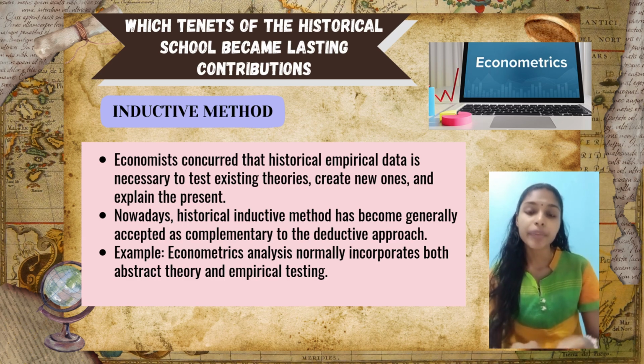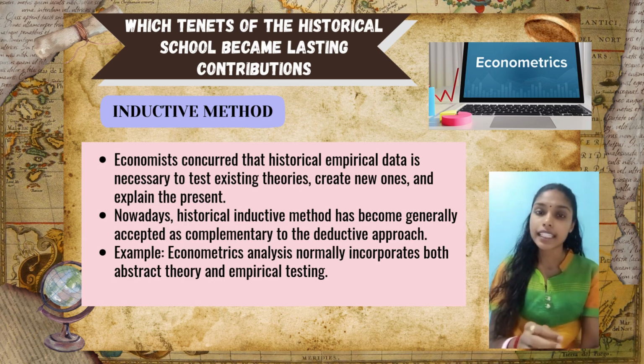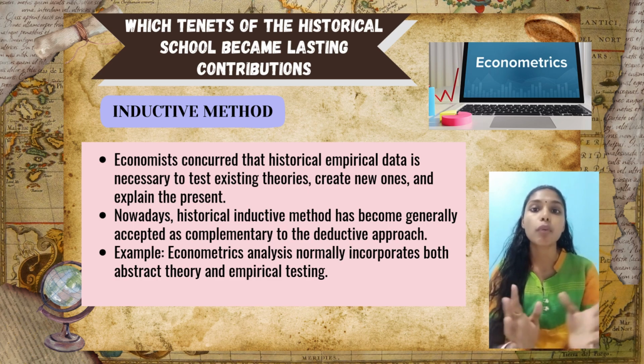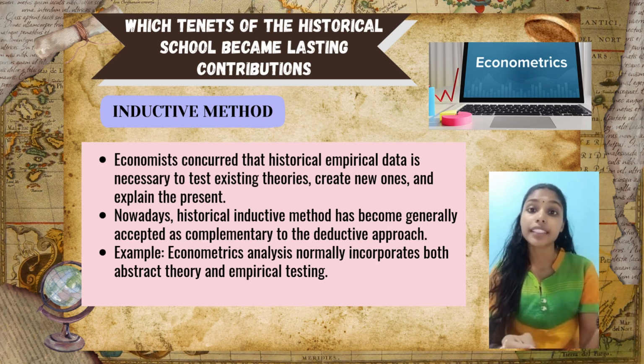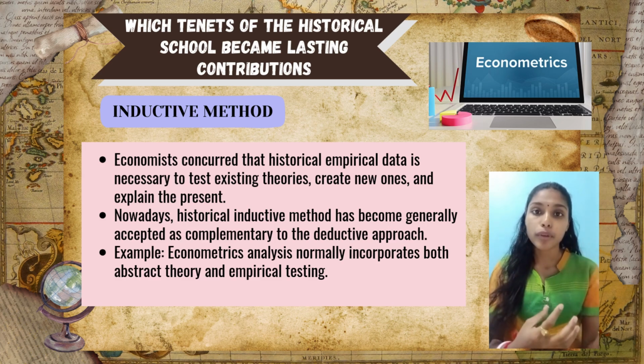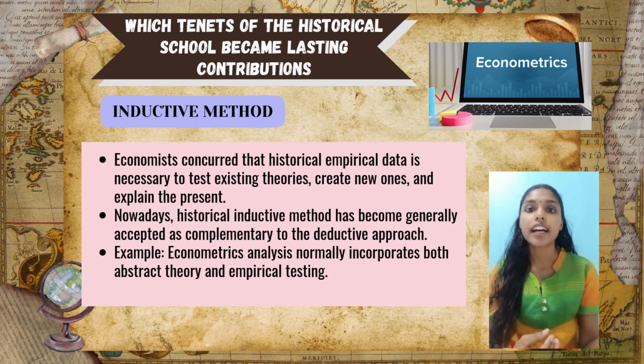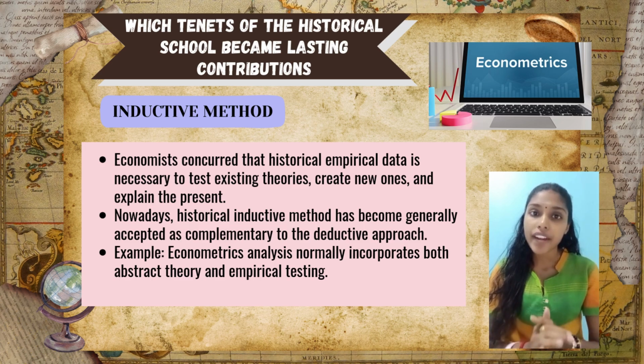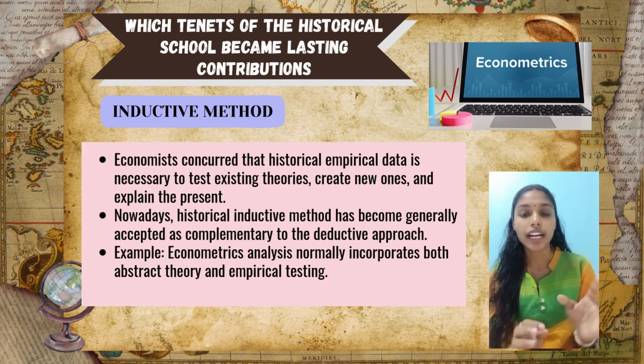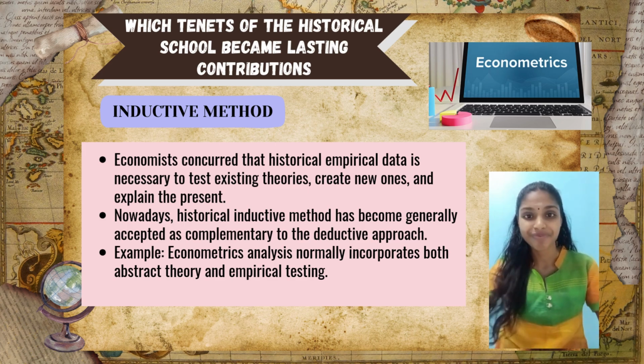For example, econometric analysis normally incorporates both abstract theory and empirical testing. Econometrics, which integrates abstract theory with empirical data, is a direct lesson of the historical school's inductive approach.